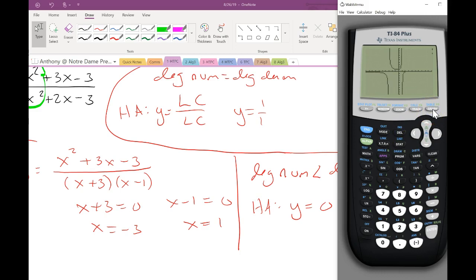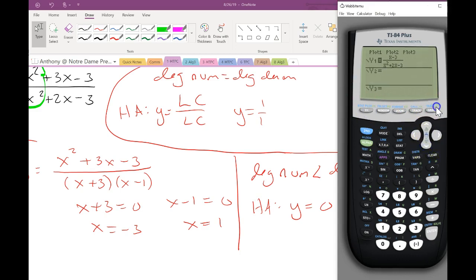So you can see there now the horizontal asymptote. Oops, forgot to change the other one. Don't look. I forgot to get rid of that. So if you look now, the horizontal asymptote appears to be at y equals 0, right? So we changed it to a degree 1 over degree 2.